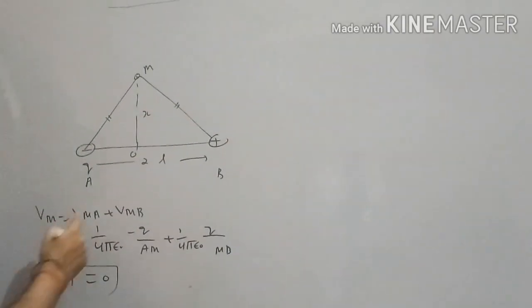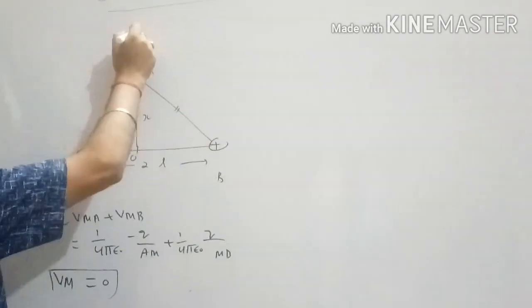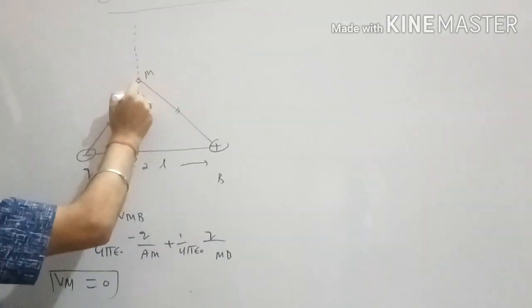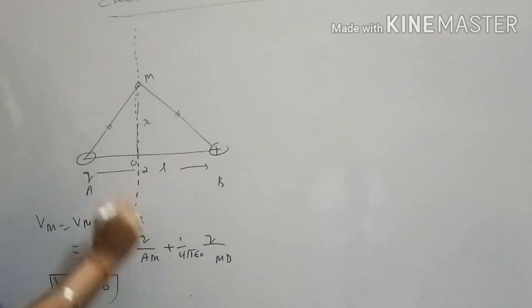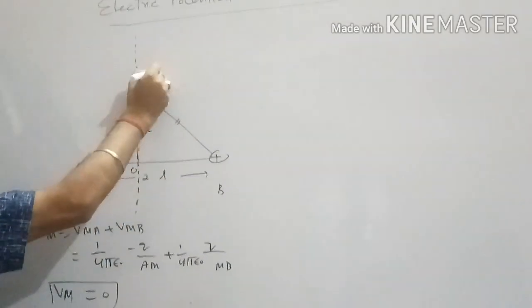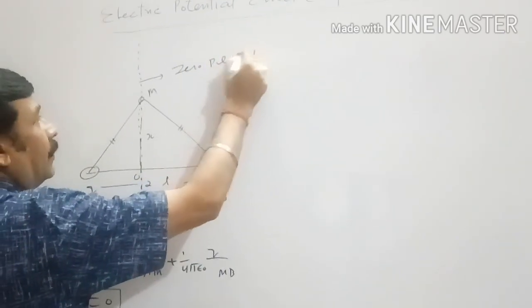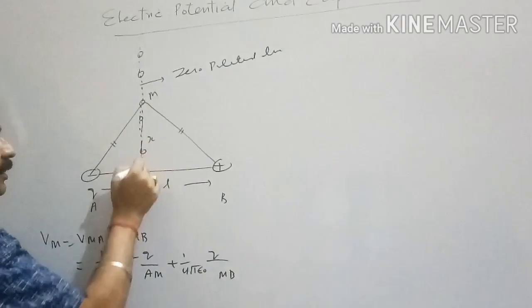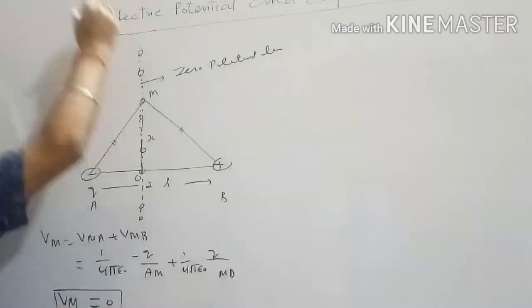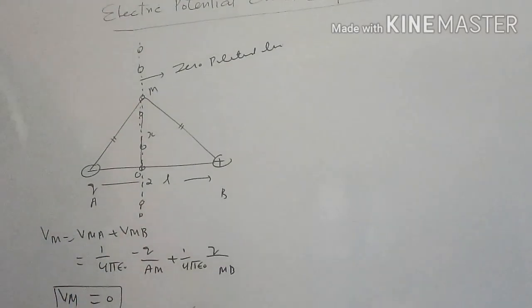It means the line which bisects the dipole and remains perpendicular to it is called the zero potential line, because here everywhere the potential will be zero.